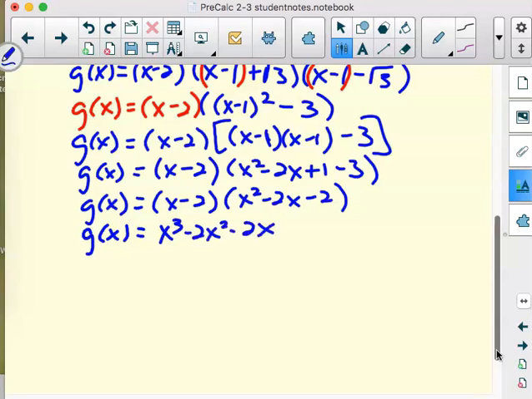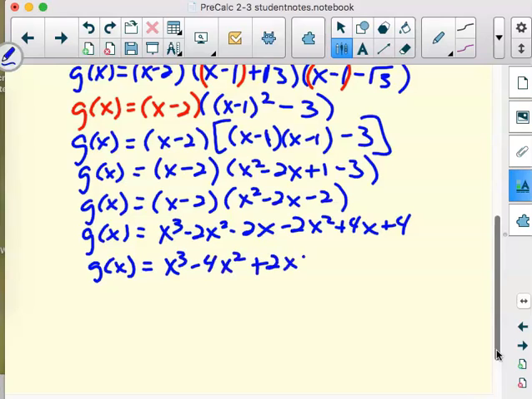And then I need to distribute the negative 2. And finally, if we have any like terms, we need to combine those. And there we have it. So this is going to be g of x equals x cubed minus 4x squared plus 2x plus 4.